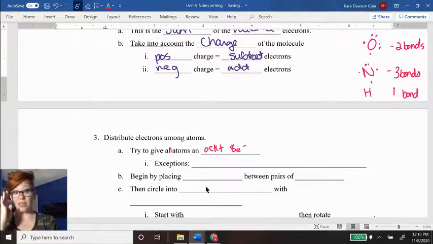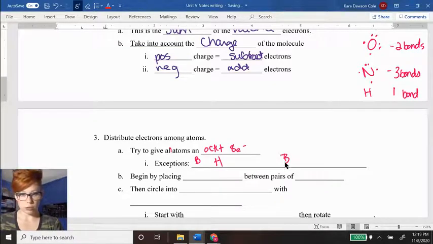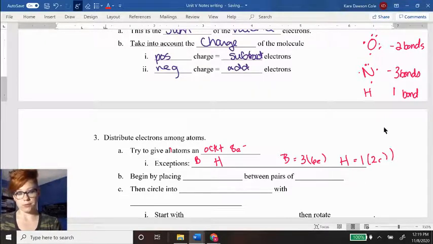That's it. So again, exceptions to this would be boron, which would want 6 total electrons. Hydrogen, which wants 2. So boron equals 3 bonds, 6 electrons. And hydrogen equals 1 bond, 2 electrons.